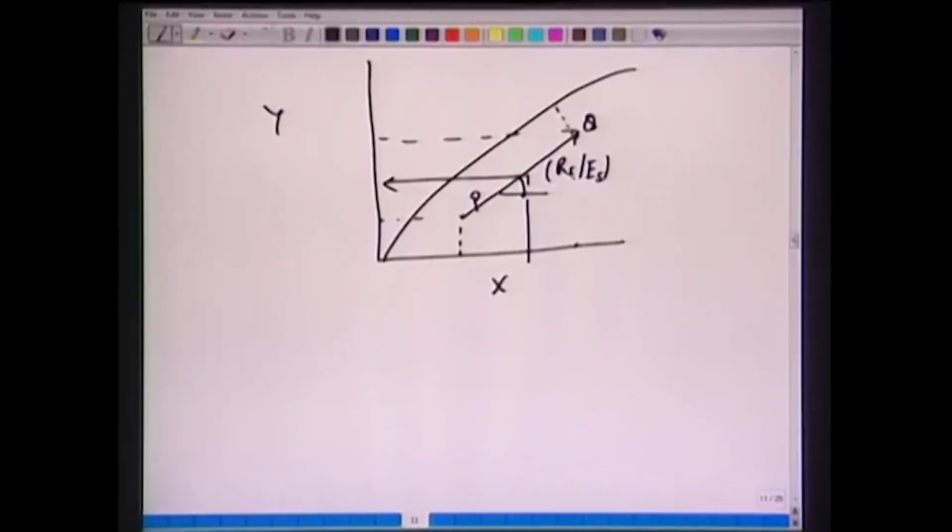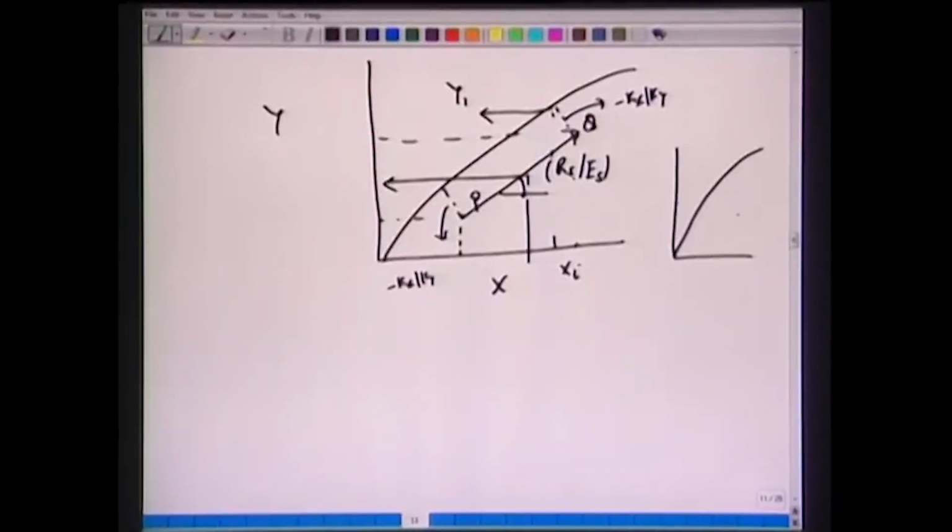We can also draw, if we want to find out the driving force for mass transfer, this line with the slope of minus kx over ky at any location between P and Q to obtain these interfacial concentrations yi, xi, etc. More important here to note is that unlike in the previous case where we had a negative slope curve between P and Q, and we extended to obtain equilibrium at some marked location T, here we don't have that exact situation, except that depending upon the type of this equilibrium curve, wherever this line extends and touches the equilibrium line, we will have zero driving force at that location.